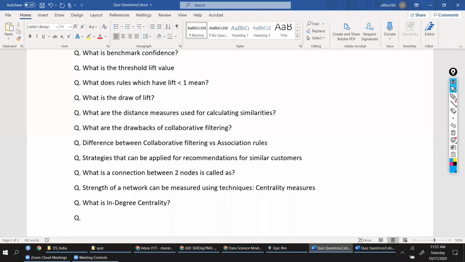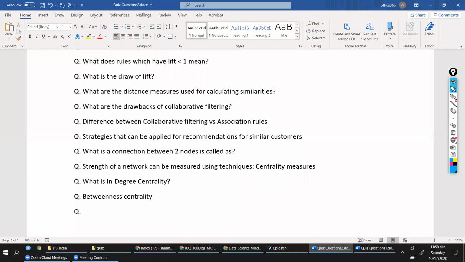Next. Betweenness centrality. What is betweenness centrality? Very good.